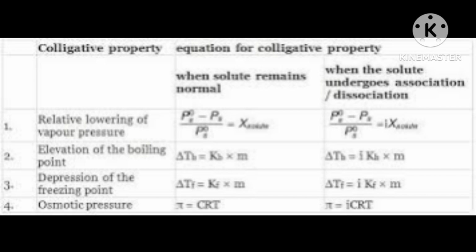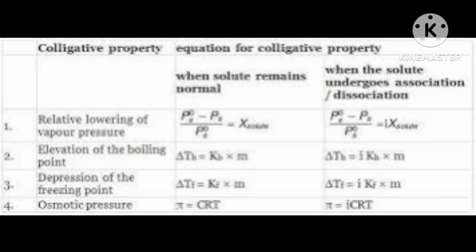Here you have to multiply by the van't Hoff factor i. Hence the new formula becomes P1 naught minus P1 divided by P1 naught equals i times n2 divided by n1.